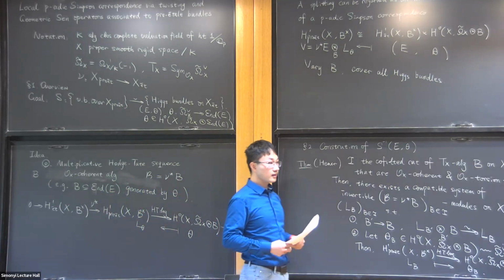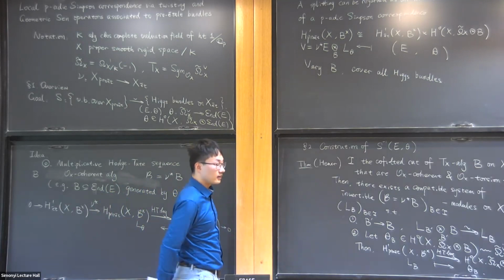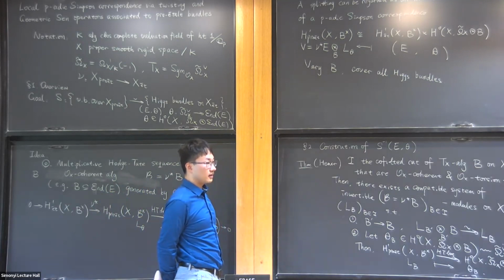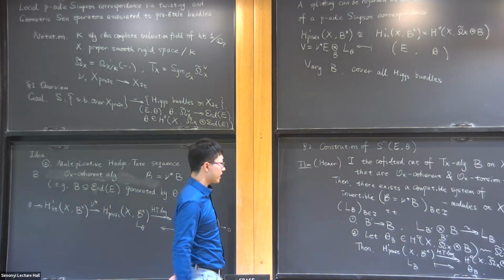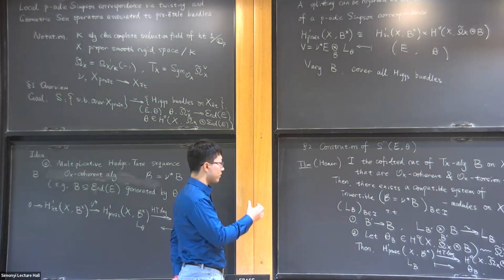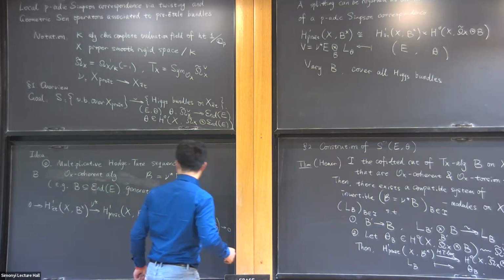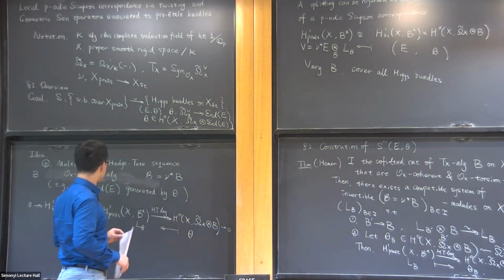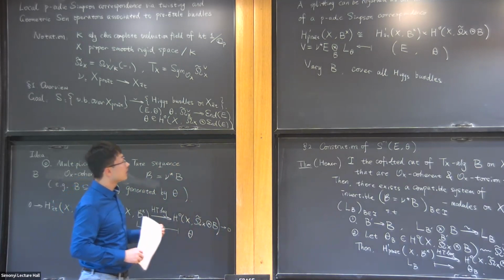So when you do these twists, you get things that come from the analytic site, right? What do you mean, twist what? To twist B by this line bundle. That line bundle was the obstruction to.